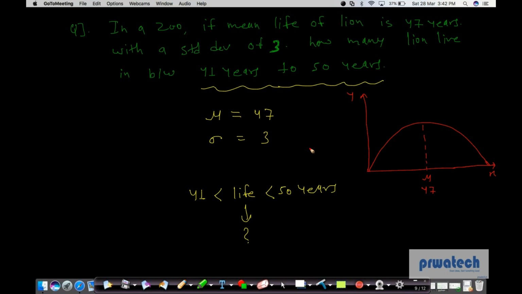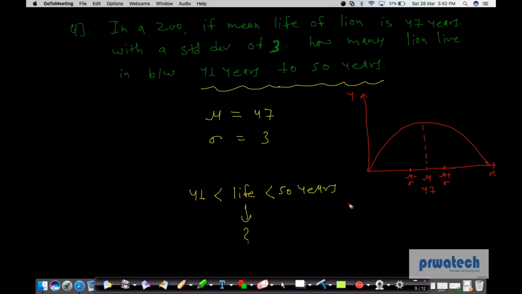One standard deviation away from the mean means this point is mu plus sigma, and one standard deviation below the mean is mu minus sigma, right?